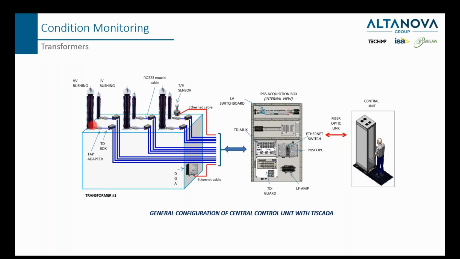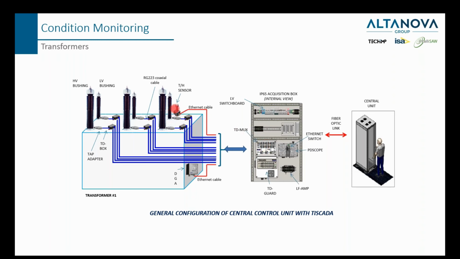With the TD box, everything is merged into the TD multiplexer that will collect and extract all sorts of information. The DGA also has its signal going to the TD multiplexer, providing all that information.